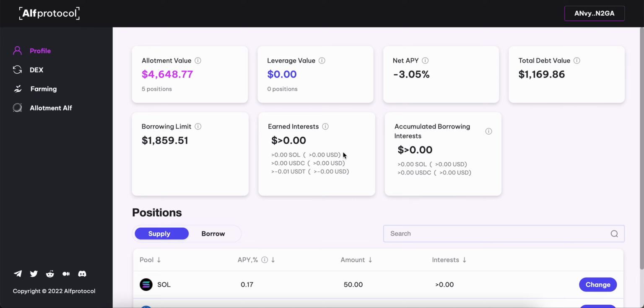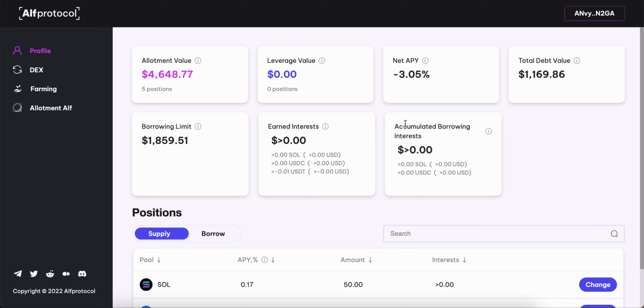And then you have these two boxes of earned interest and accumulated borrowing interest, which is also a very convenient way to see how much you already earned. At the moment it shows zeros because the number is too small to show. If you hover over it, you will see the exact number that you just earned in interest because you supplied the liquidity.